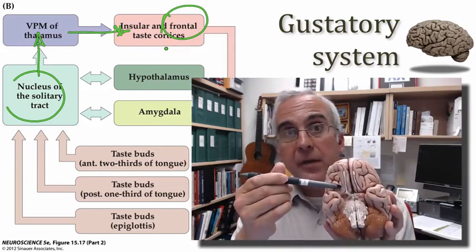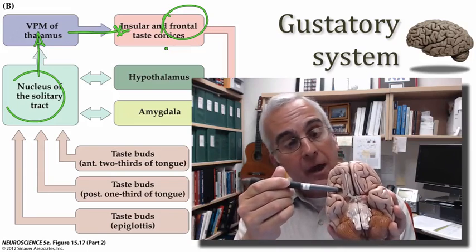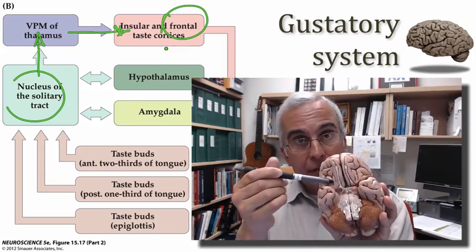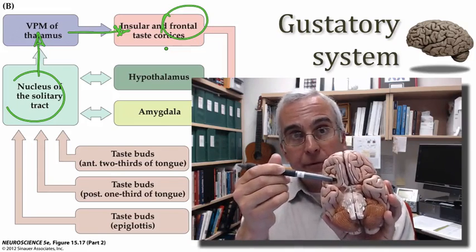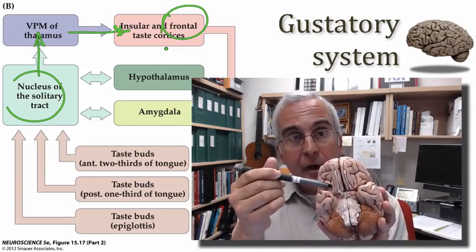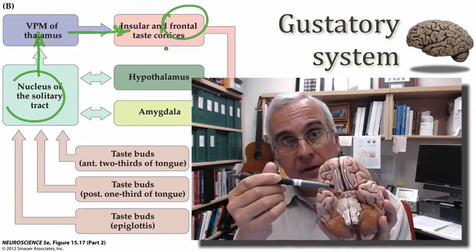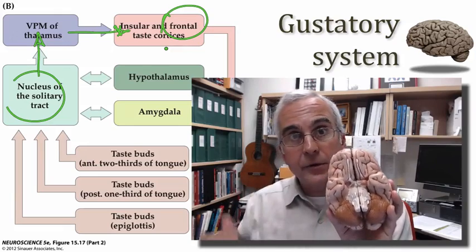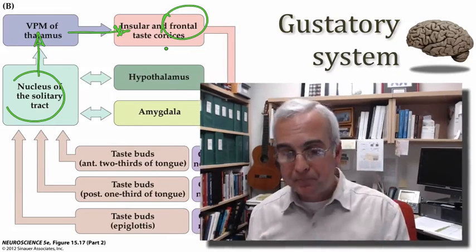So we talk about the hedonic value of food as being extremely important in reinforcing feeding behaviors, and this perspective on the value of food seems to be represented in this part of the brain, this posterior part of the orbital cortex.